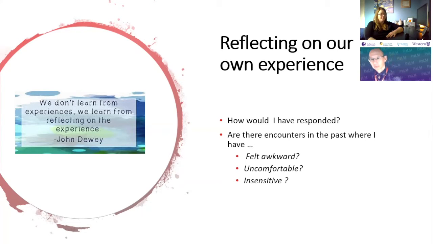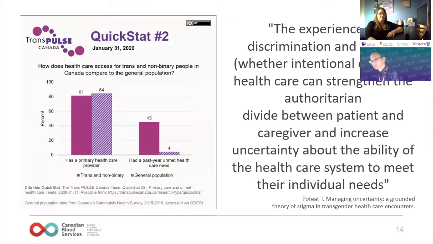Thanks so much, Ian, for that beautiful reflection. And really the experiences that were expressed in that reflection are fairly similar in other Canadians. So this is just a snippet from TransPulse Canada, which is a national community-based survey of the health and well-being of trans and non-binary people.